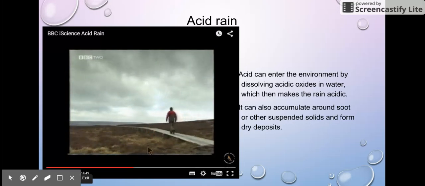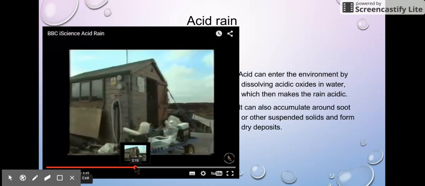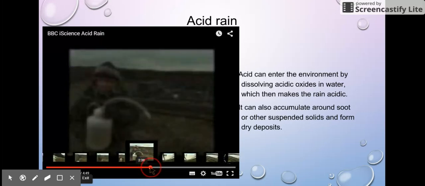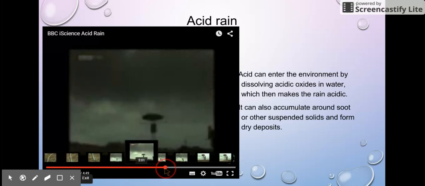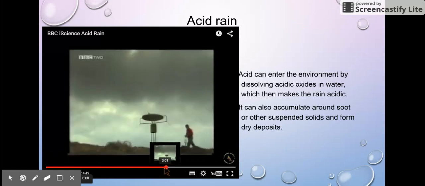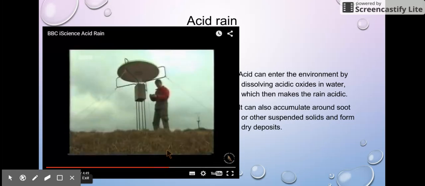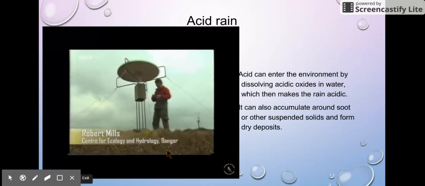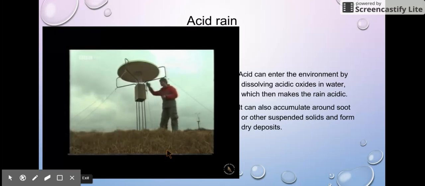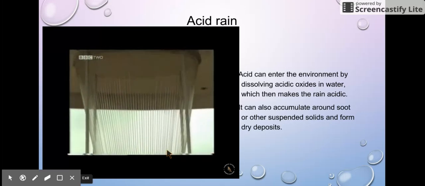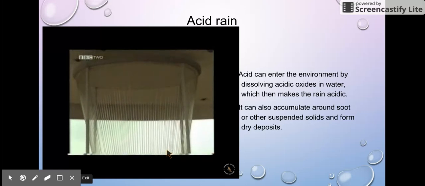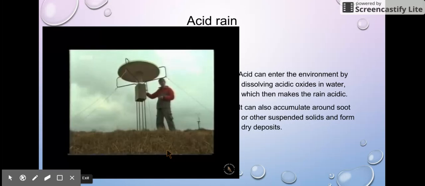Rob Mills from Bangor University uses a different technique to test acidity. This water can also be tested using an ingenious collector. We call it the cloud collector, and essentially what it does is it collects clouds. As the clouds move across the hillside, they come across this fishing line wire, and small droplets from the cloud condense on it, run down into the funnel, and we collect it at the bottom.